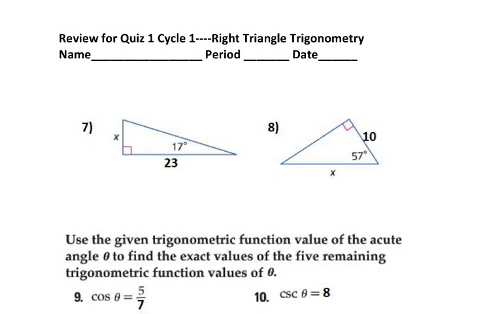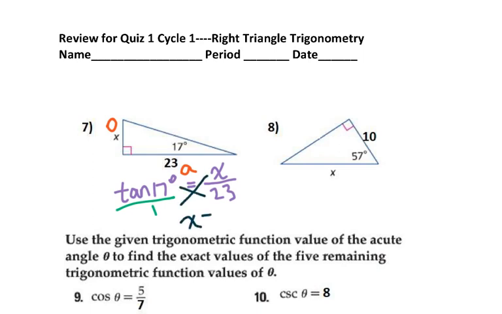For number 7, you are given the opposite side and the adjacent side, TOA. So we go to tangent 17 degrees equals x over 23. That's O over A. Then I cross multiply.